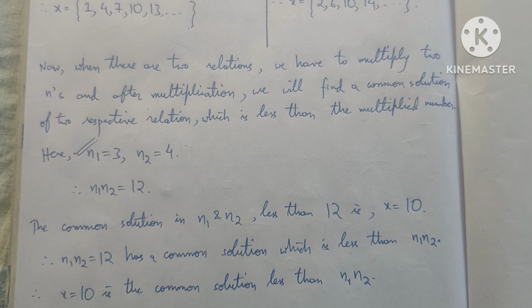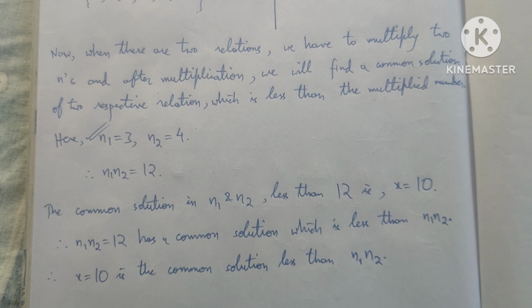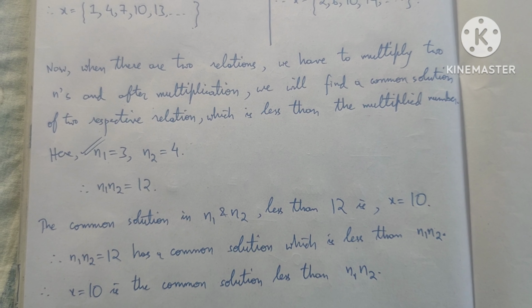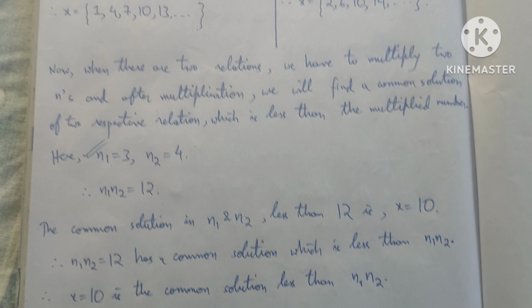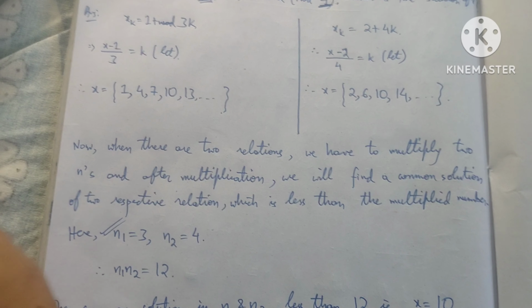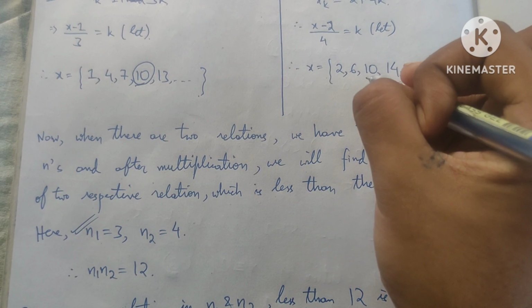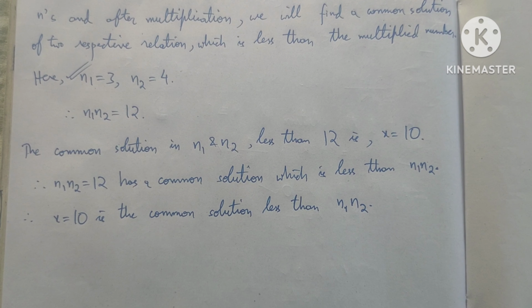We have to do their product, and the common solution in n1 and n2, which has to be less than the product, will be the solution of x. Here, as you can see, at x equal to 10, in both n1 and n2, we are getting a common solution. So the answer will be 10, right?